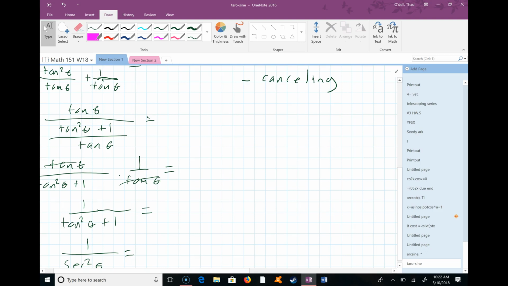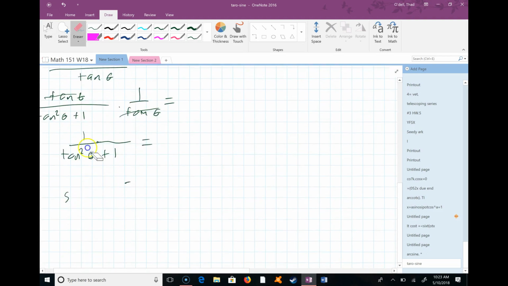Say it one more time. So instead of times 1 over tangent theta, it's actually times tangent theta over tangent squared theta plus 1, because that's the whole bottom. Oh, I mixed up which was on the bottom, which was on the top, didn't I? Ah, yeah. All right, let's go back up and fix that.